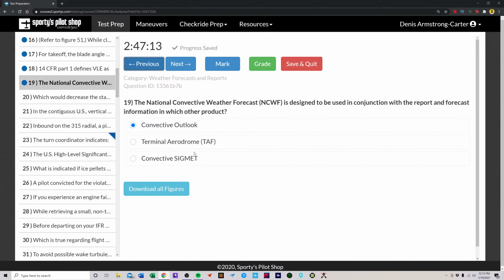There's no such thing as a convective... well, there is such a thing as a convective segment, but that's just a specified area. There could be multiple convective segments out at a time, but it's convective outlook because it's a forecast. Large area. Absolutely huge.